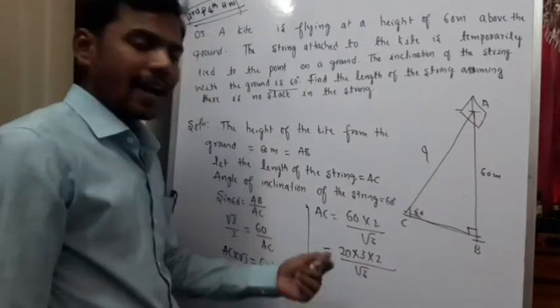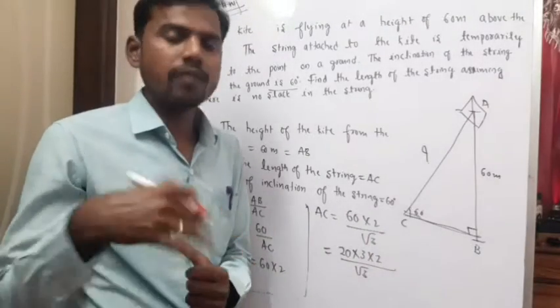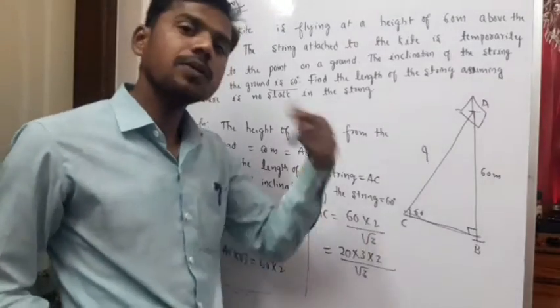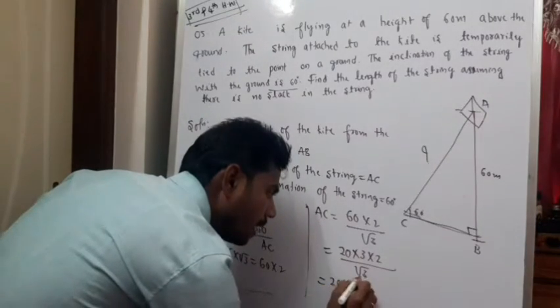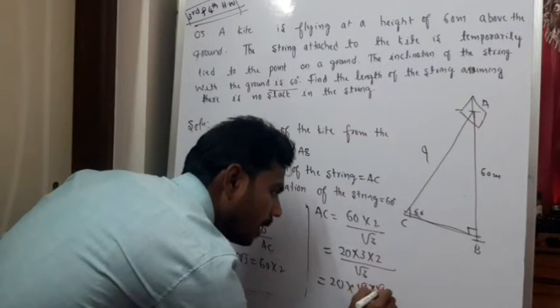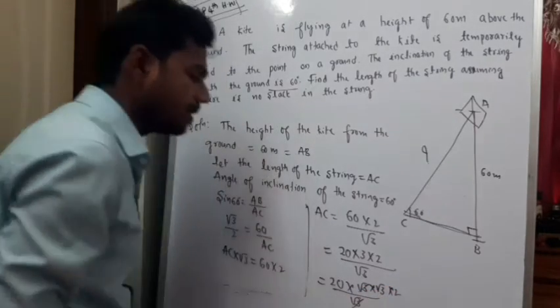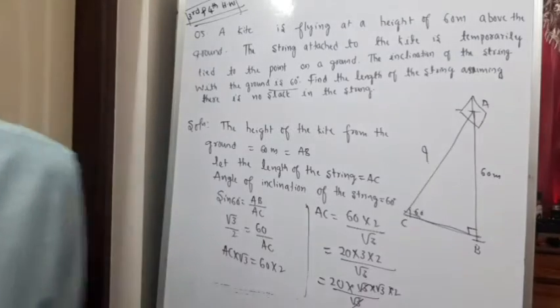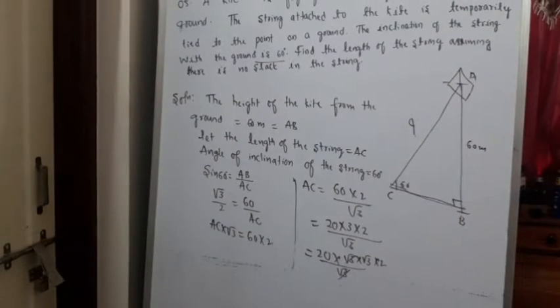Why have I done this arrangement? In the denominator I have a root 3. If I want to eliminate root 3, I need root 3 in the numerator. So 3 can be written as root 3 into root 3, which cancels with the denominator.